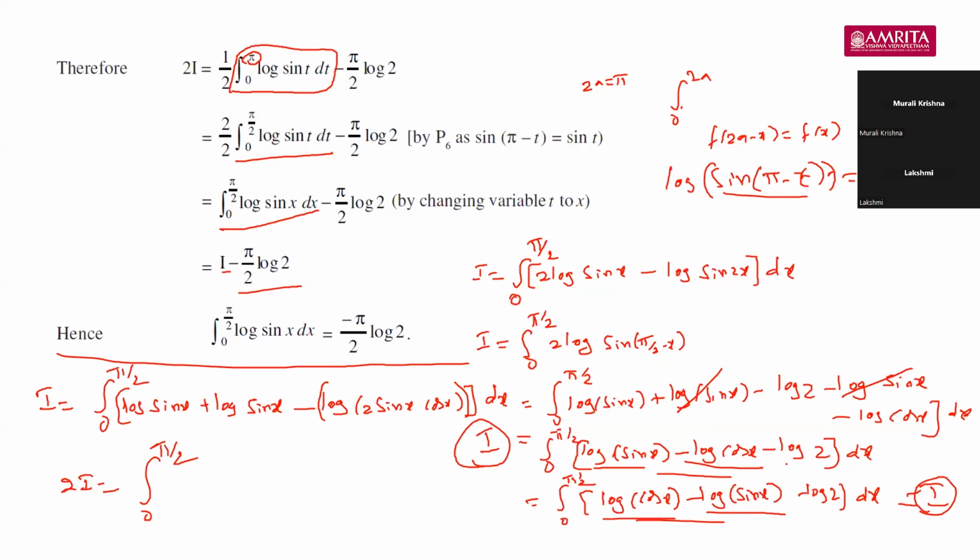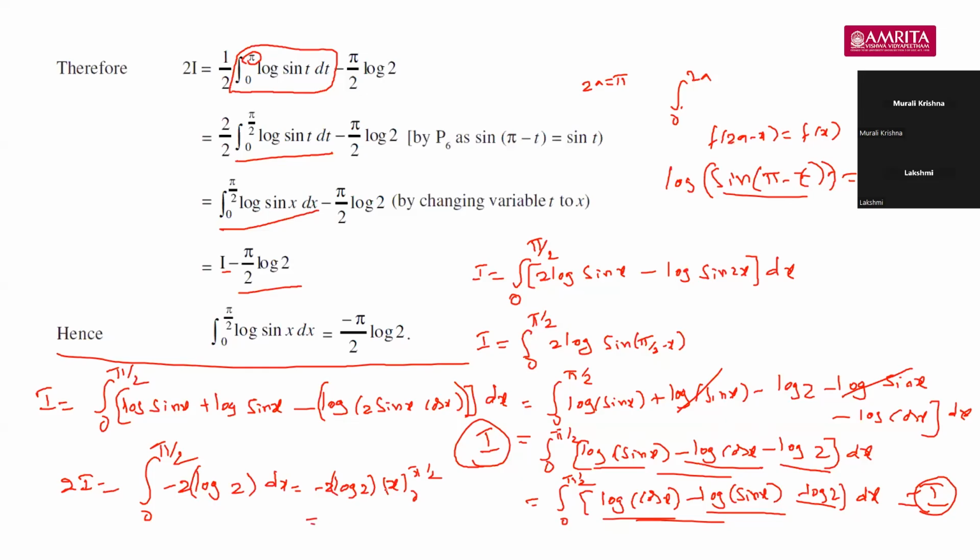After cancelling these 4 terms, the common term is minus log 2 minus log 2, which you can write as minus 2 log 2 dx. So this minus 2 log 2 is a constant number into integral dx, which is x under the limits of 0 to pi by 2.